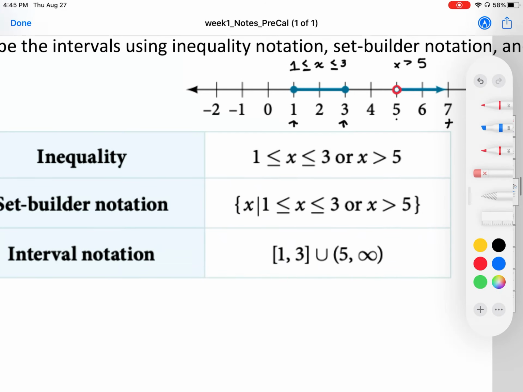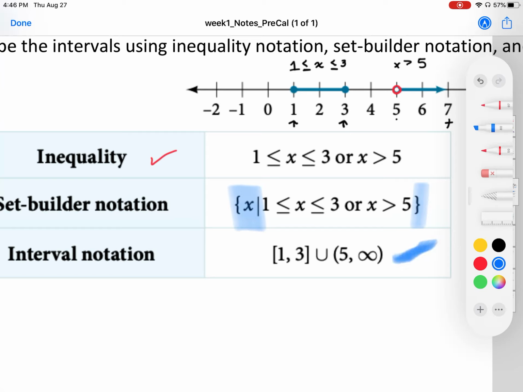In inequality form, we have just what we developed above. Set builder, we have the same thing, but we introduce the curly bracket, x, that such that bar, and that closed curly bracket. Interval notation, I think you appreciate a lot more here. We see we start with 1, we end with 3, they're included, so we put brackets, and then we continue on to 5 to infinity.